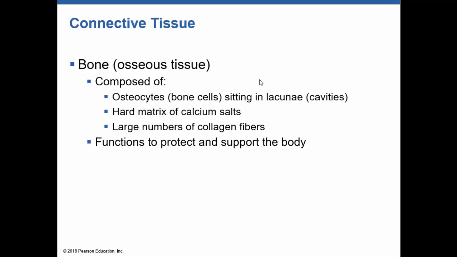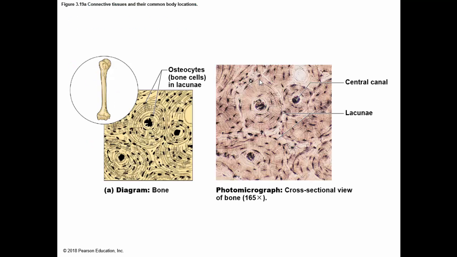And they have a hard matrix of calcium salts and a large number of collagen fibers. And their purpose is to protect and support the body. I think that one's pretty obvious. You can see these little lacunae, and there's even a central canal in the middle. They're very different, specialized kinds of cells, these osteocytes.